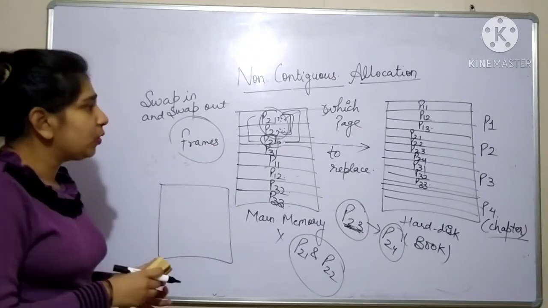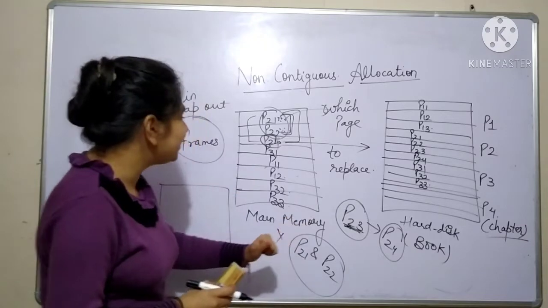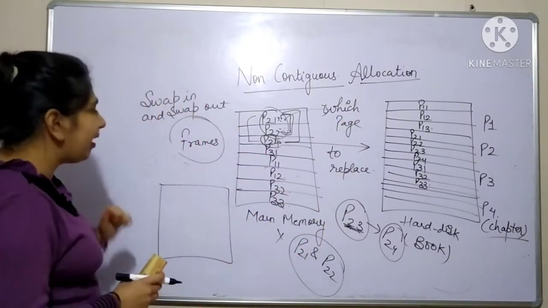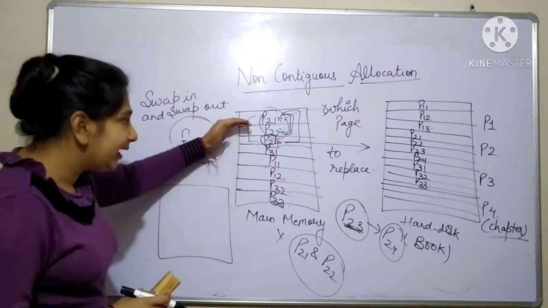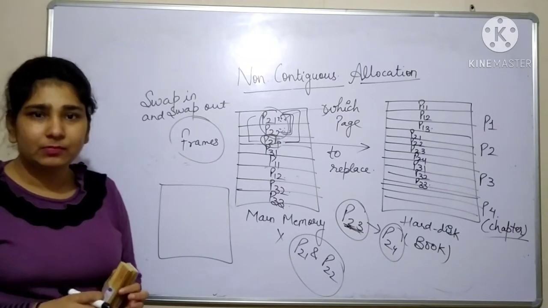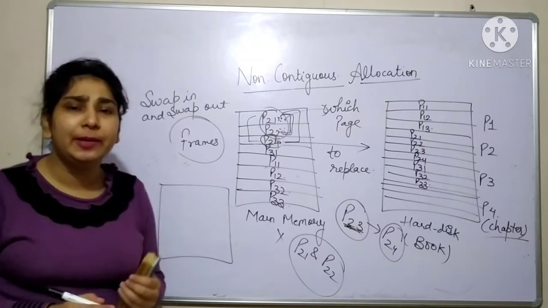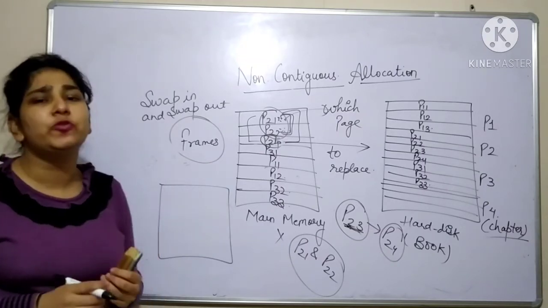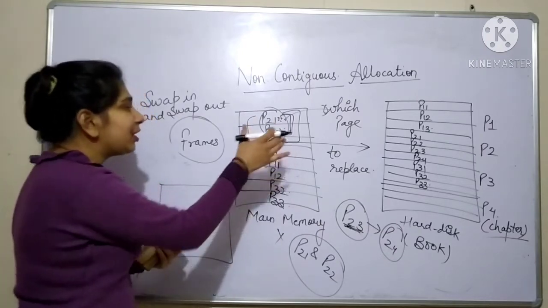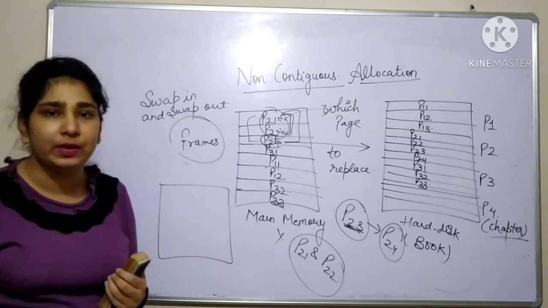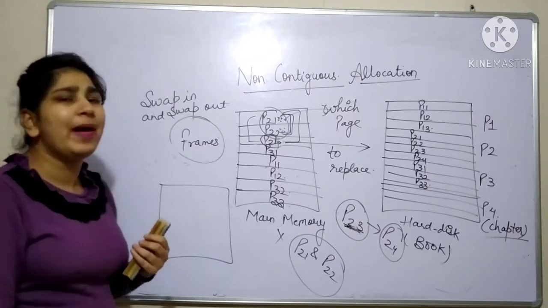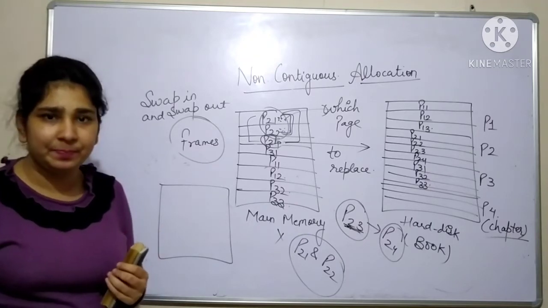Let's suppose we are storing processes P2, P3 and P1 in the main memory. For each process we have a page table. If your CPU is requesting some instruction, how will you get to know where your instruction is present in the main memory? How will we identify the location where my instruction is present?